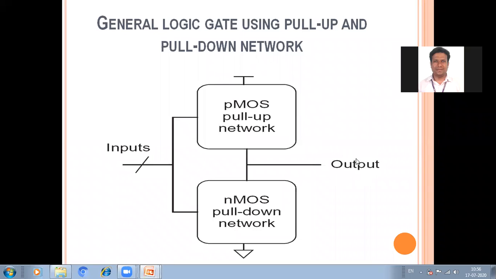So at the output terminals, we get a strong 1 from the PMOS type of transistor and a strong 0 from the NMOS type of transistor. That's why NMOS is preferred for the pull-down network and PMOS is preferred for the pull-up network. By combining these two, the technology is CMOS, the complementary metal oxide semiconductor.